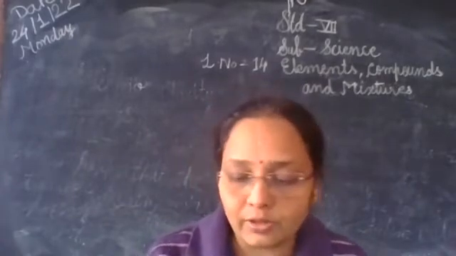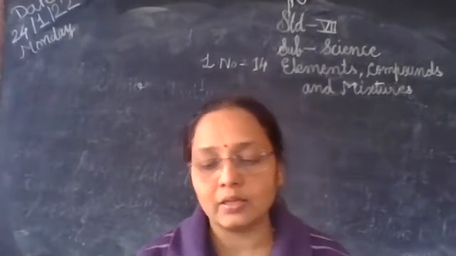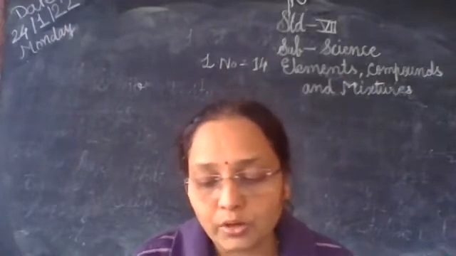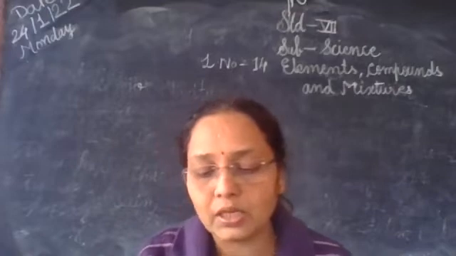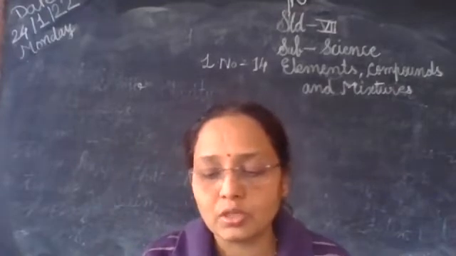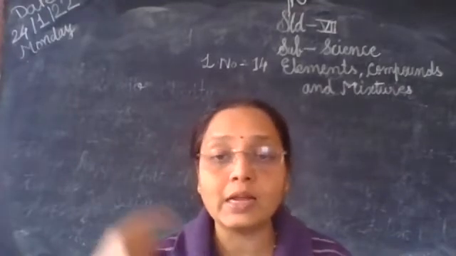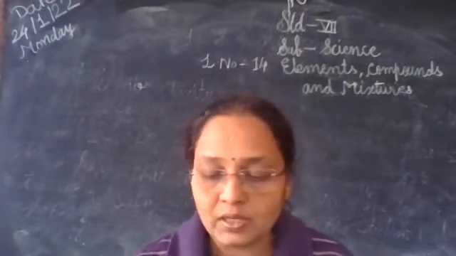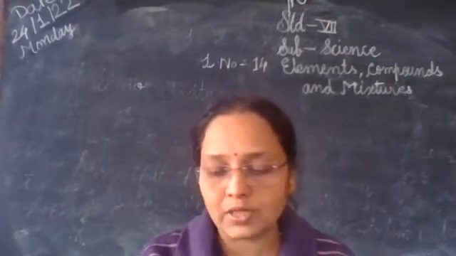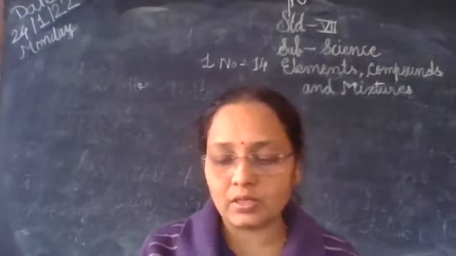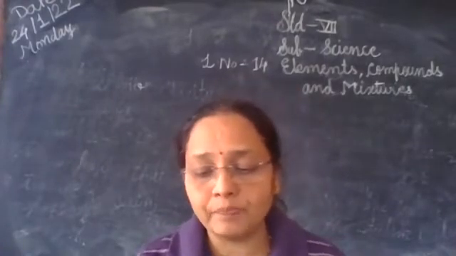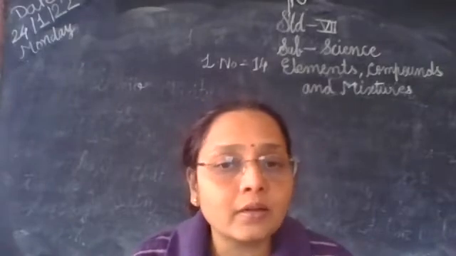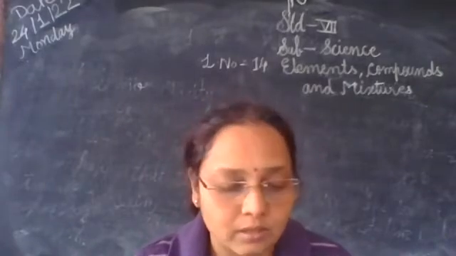So centrifugation is a method that separates molecules having different densities by spinning them in solution around an axis. The best example of centrifugation is when you separate butter from milk.